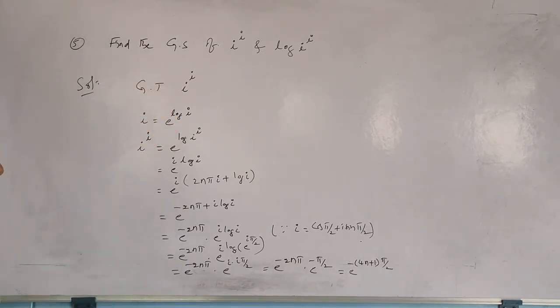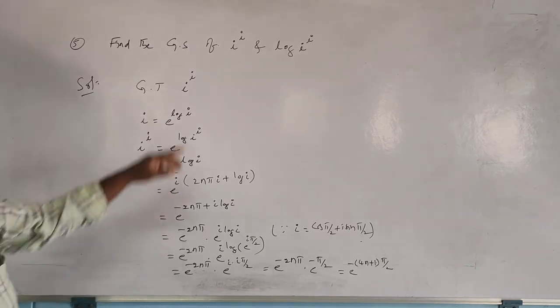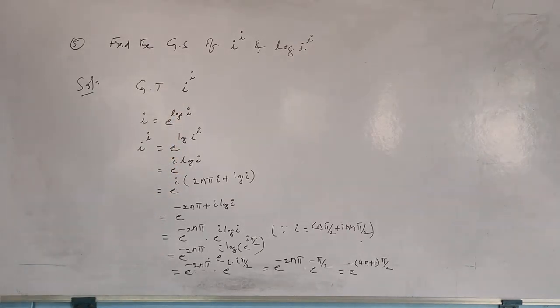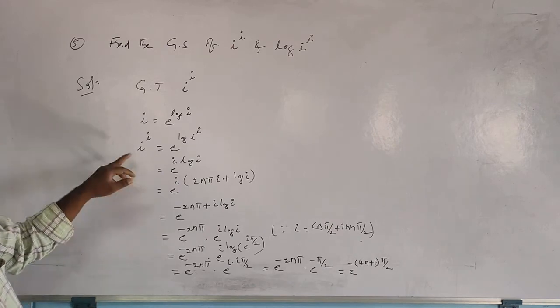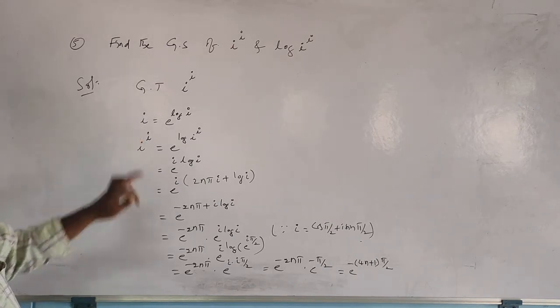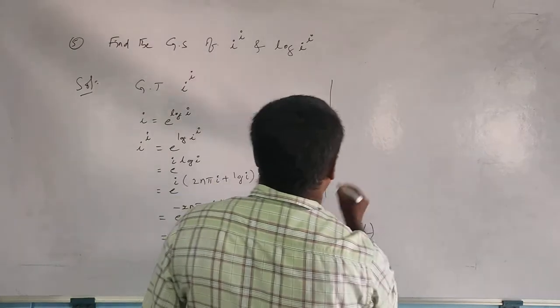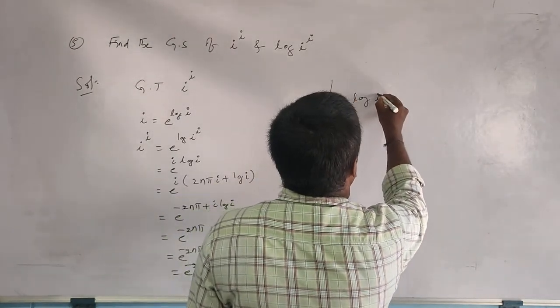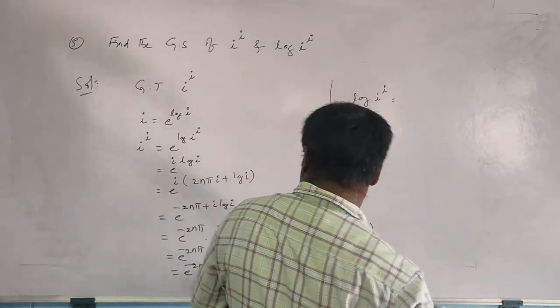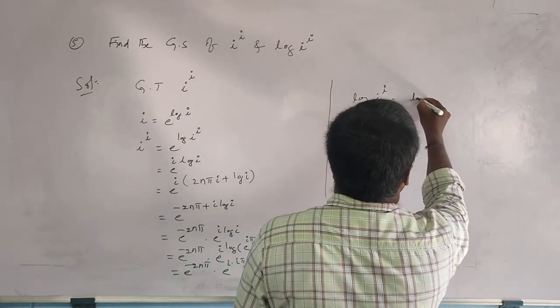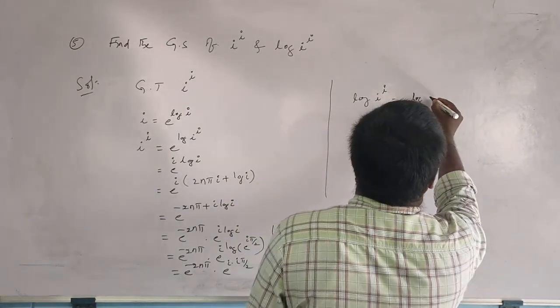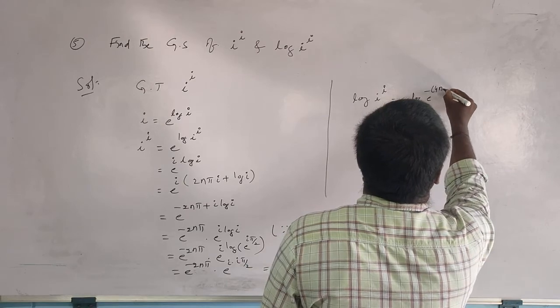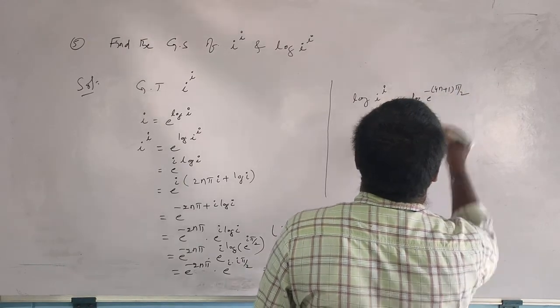So here put n equal 0, we obtain the principal value of i power i. Similarly, we take on both sides log of i power i equals log of e power minus (4n plus 1) into pi by 2.